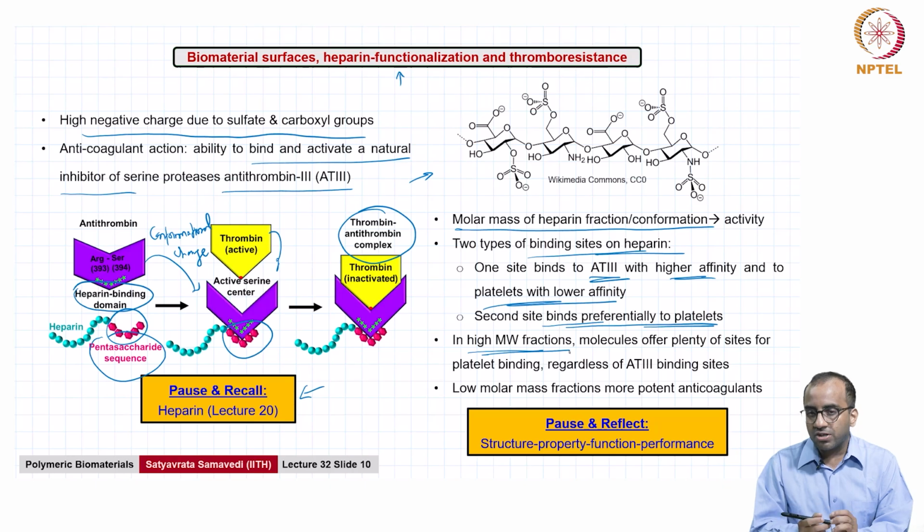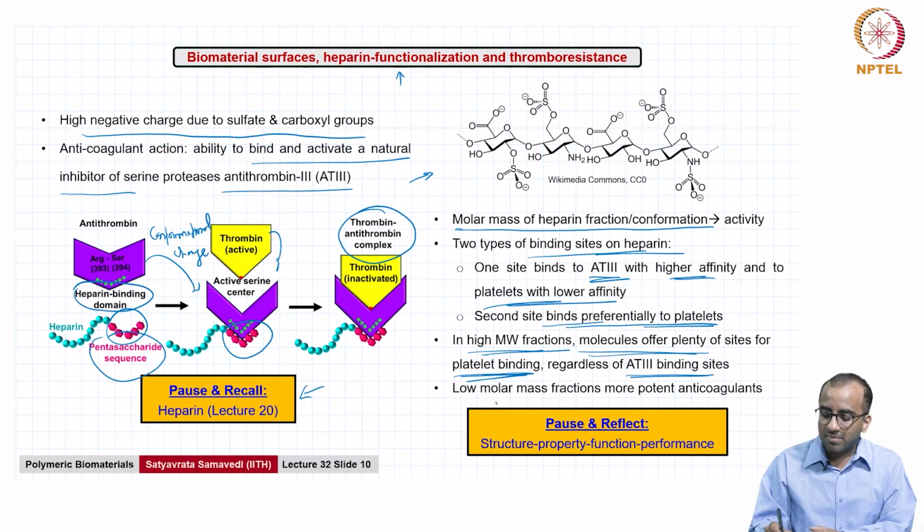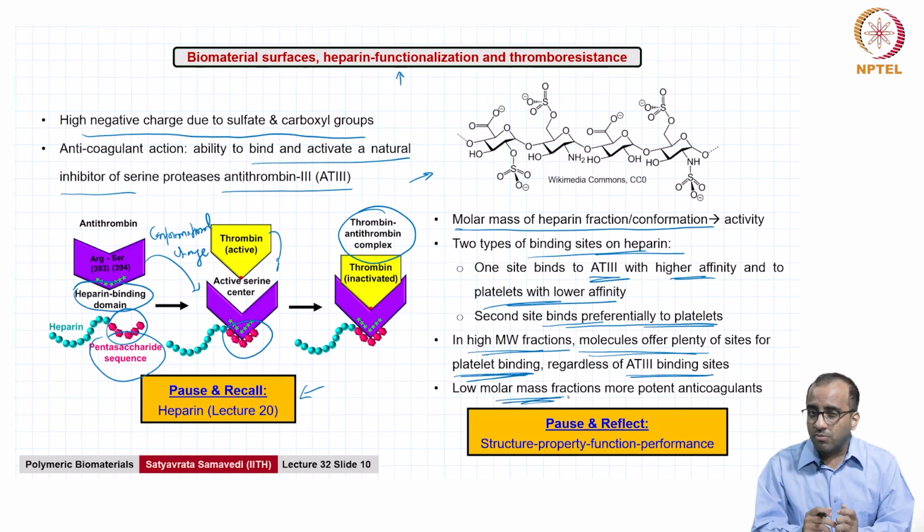When you have high molecular weight fractions, because of larger number of sites, these heparin molecules offer plenty of sites for primarily platelet binding, regardless of the presence of antithrombin 3 binding sites. So, it turns out that the lower molar mass fractions are actually more effective anticoagulants. So, again, a clear case of structure property function performance relationships that highlights the role of both structure and property dictating the function and performance.